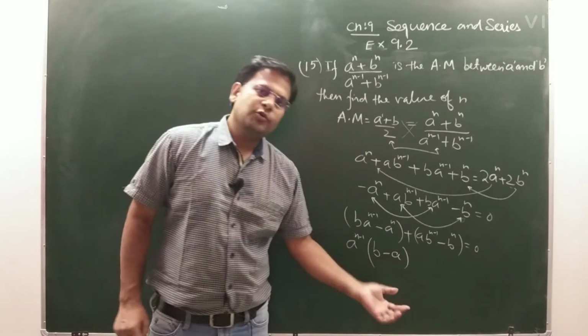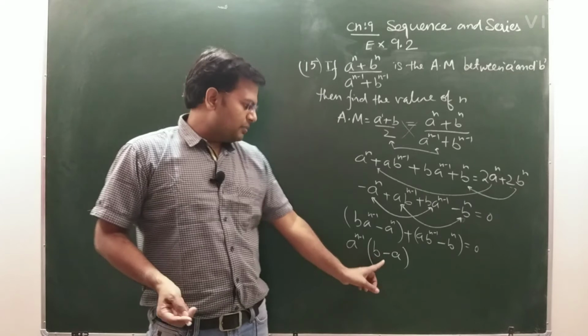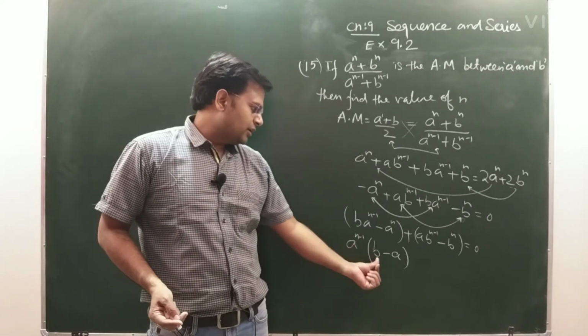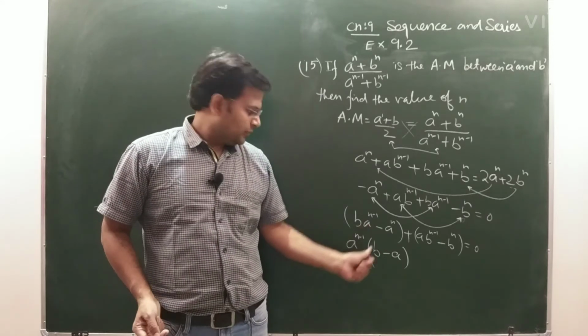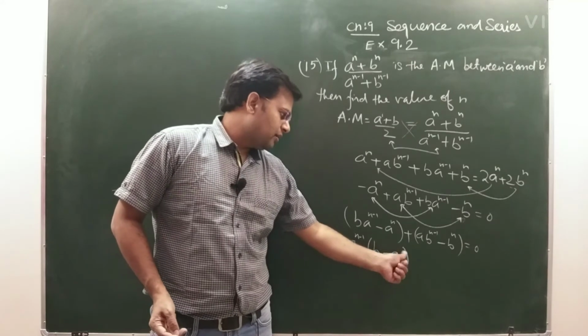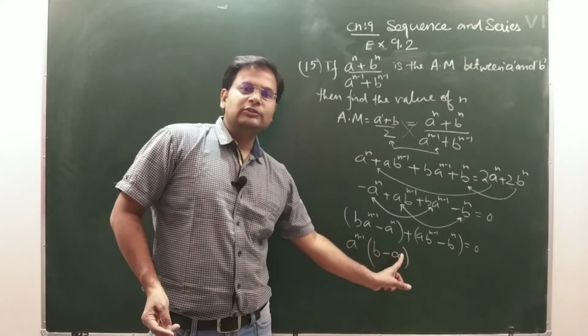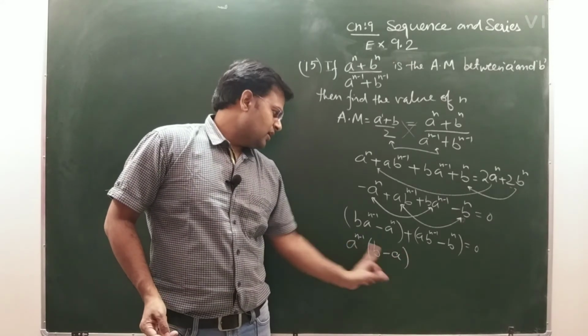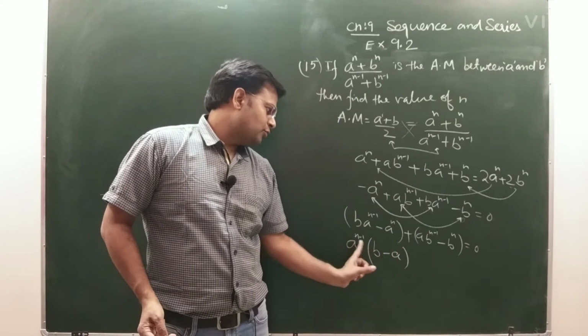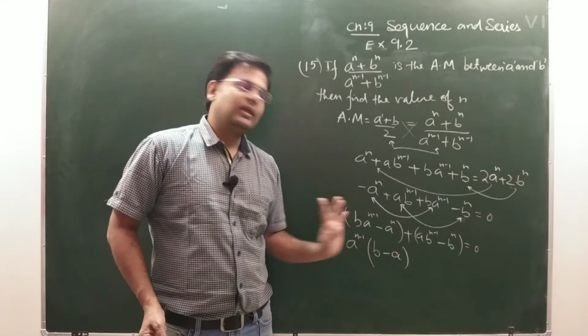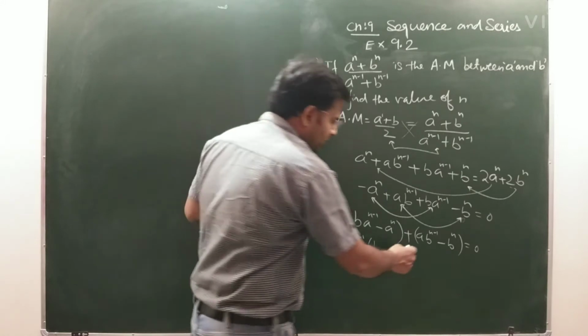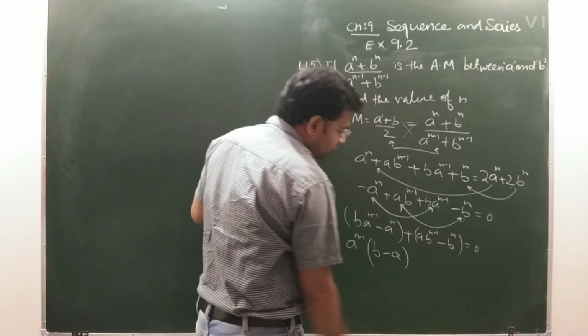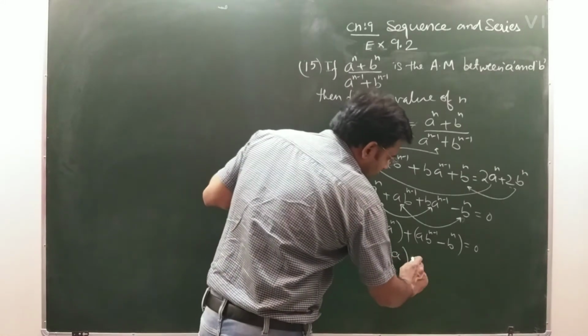Now out of a^n, if you take a^(n-1), then only a^1 will be left. If you have a doubt, you can multiply again: a^(n-1) into b gives this term, and a^(n-1) into a, because the exponent of a is 1, when you multiply these two you add the exponents, so it will become a^n again. Now here you see what is common.